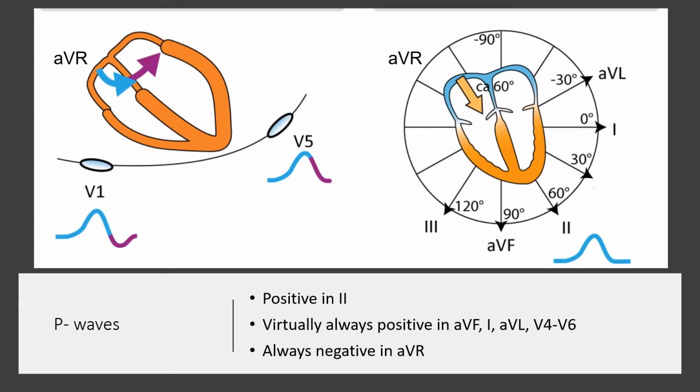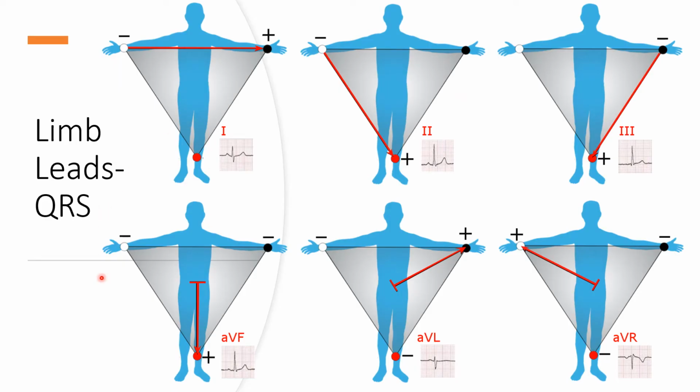So just to recap the formation of QRS complexes on the limb leads, even though we've talked about the precordial leads before, I want to make sure you understand the limb leads better. The P waves always go from the right side to the left side, and so they're always positive in lead 1 and lead AVL. So in limb leads 1 and AVL, P waves are almost always positive.